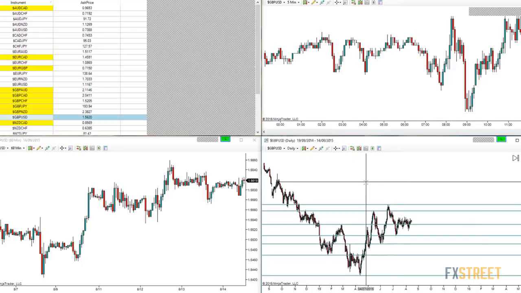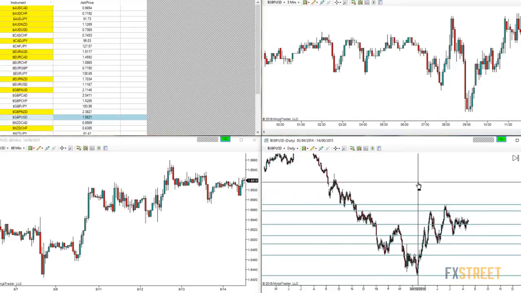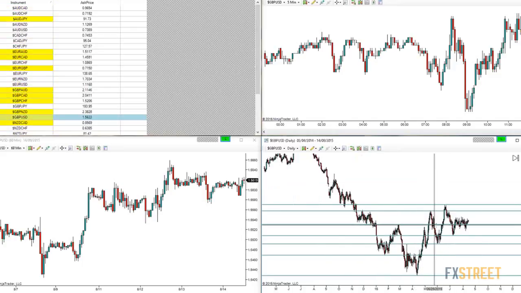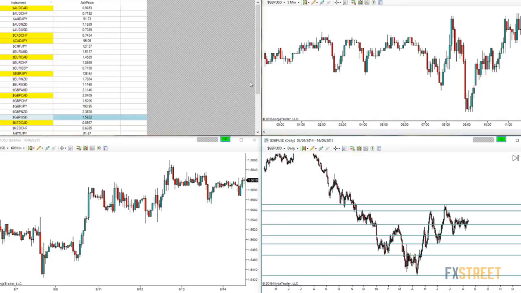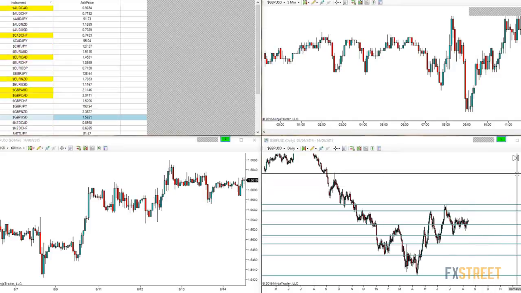So do you see what I did here? I only chose the biggest levels that have the biggest reactions. So these are levels that next time price gets to them, I'm going to be taking notice of. I start on the daily time frame, Richard. So from a pound dollar perspective, who agrees with what I put there?